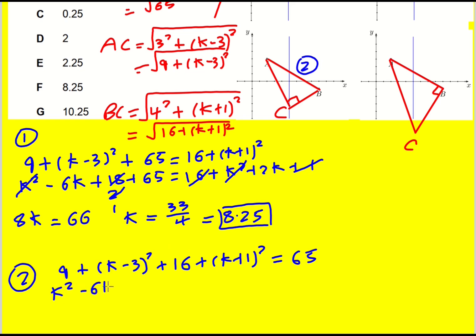So k squared minus 6k plus 9 plus 25, when I do 9 plus 16 plus k squared plus 2k plus 1 equals 65.